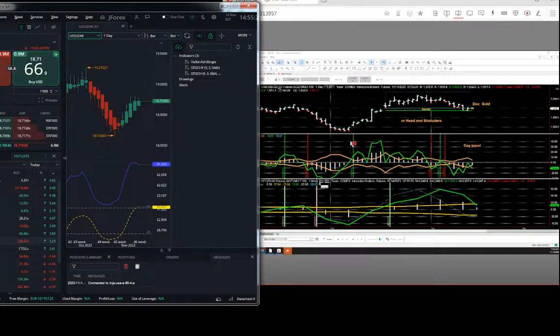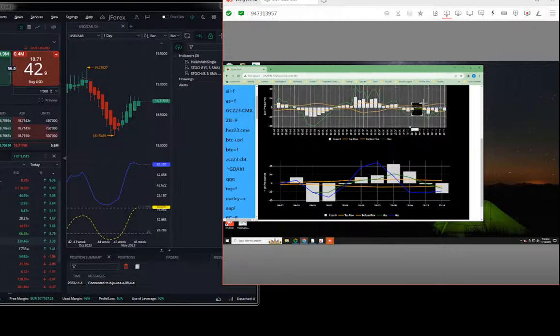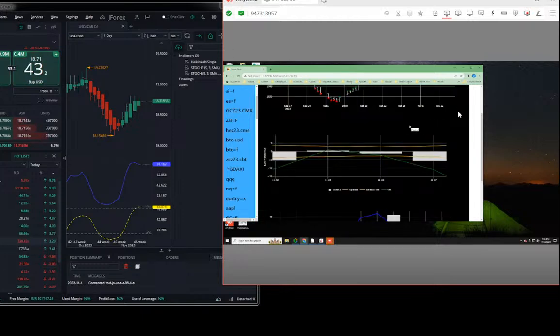And let's move it over like so. As you can see, it's been in a sell. Okay, it went into a buy one day on the 3rd. So just to straighten that out again.